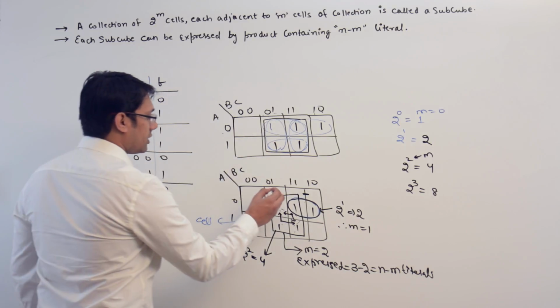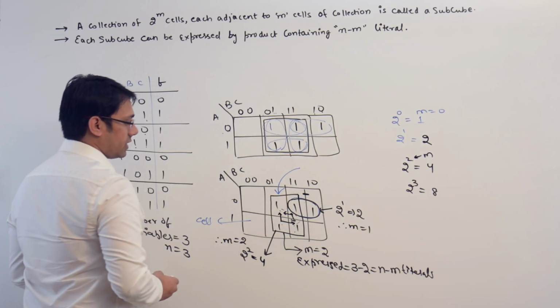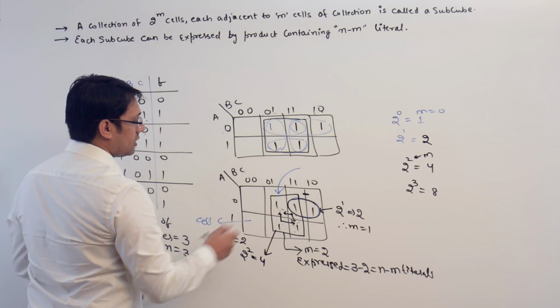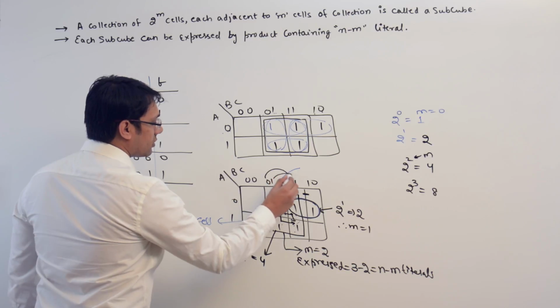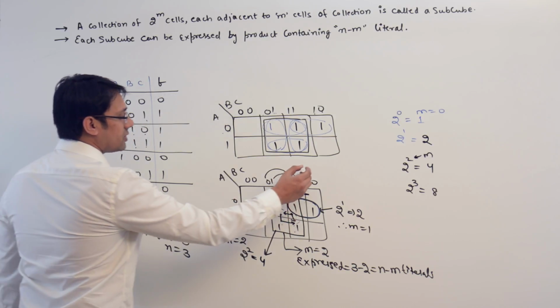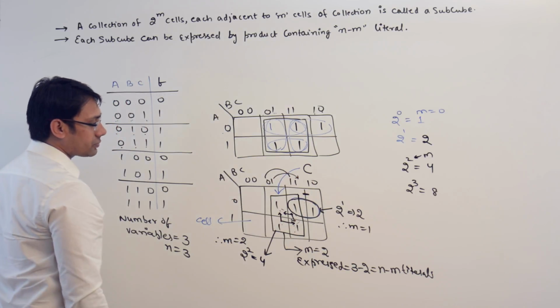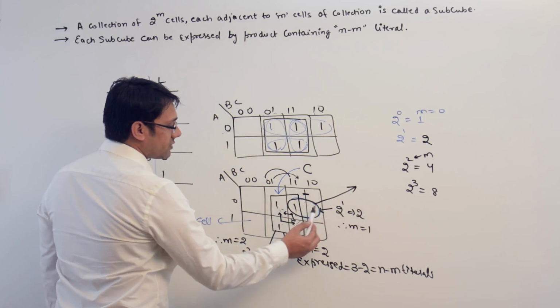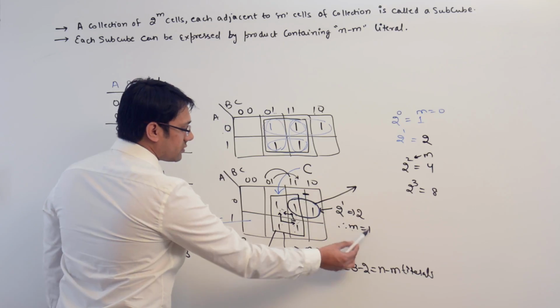That means if you take this subcube, A is changing as well as B is changing. The only thing which is not changing is C. So this complete subcube is representing C. And if you take this subcube, then the size of this subcube is 2, therefore the value of m is 1.